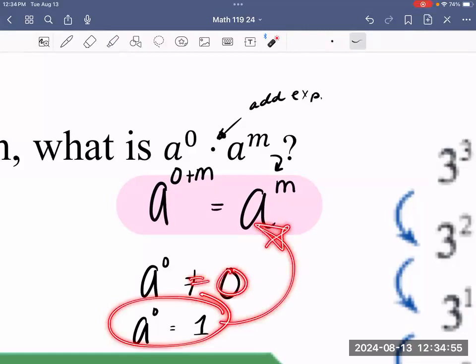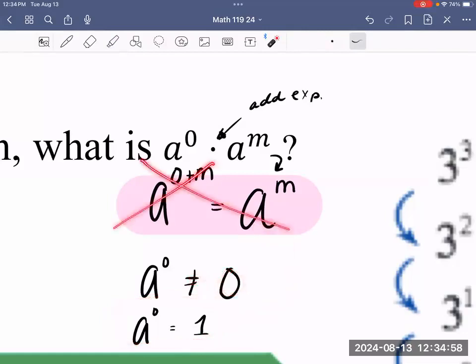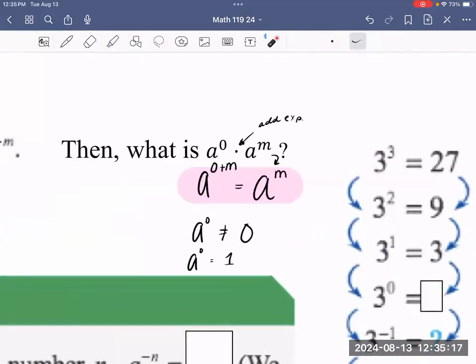Otherwise, if it's equal to 0, it's going to cancel everything out. If it's equal to any other number, let's say 2, we're going to be adding 2 onto the m, or 1 onto the m. So a to the 1 in total.